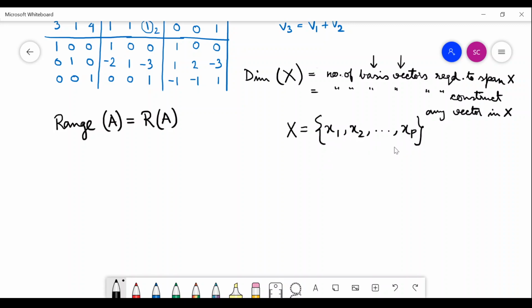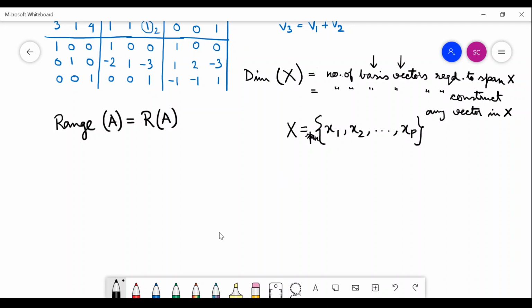You can read it like this, that the space is basically a span of these basis vectors. Sometimes we use the word span before writing this, sometimes we don't, but we mean the same thing. That is the vector space.